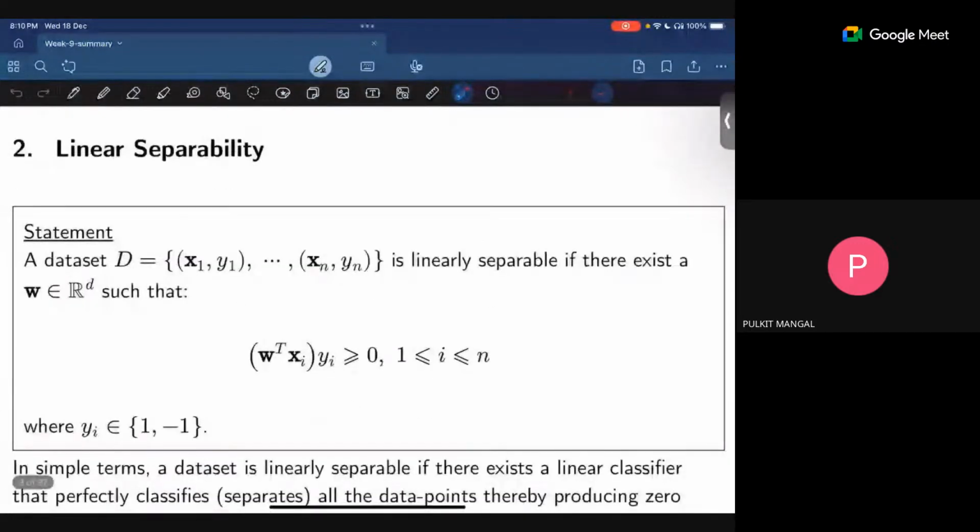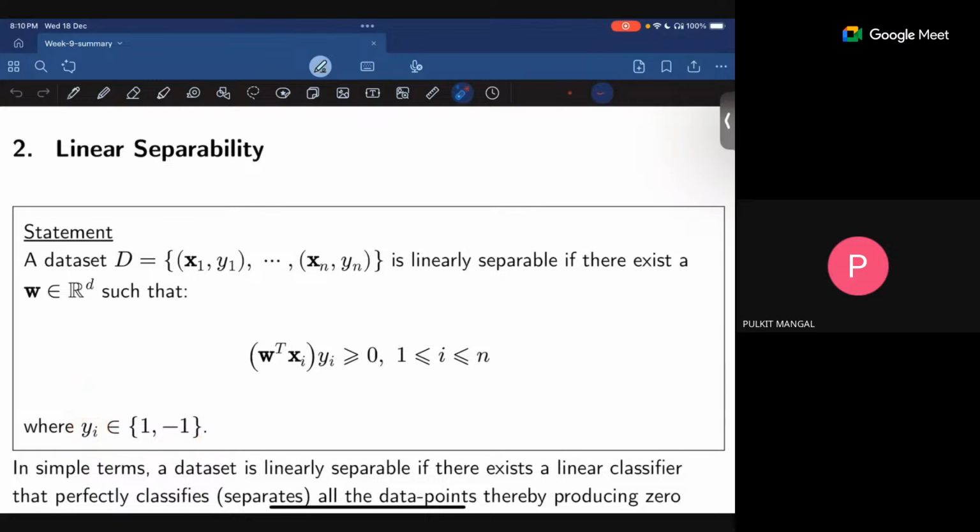Then comes linear separability. What is meant by linear separability? If we have a data set (x1, y1), (x2, y2) till (xn, yn), we call this data set linearly separable if W transpose xi times yi is greater than or equal to 0 for all data points, where our labels are 1 or -1.